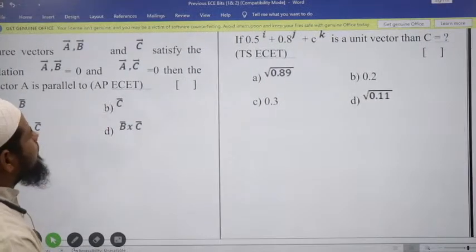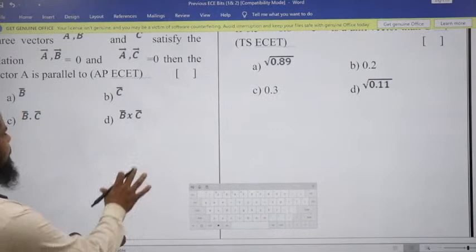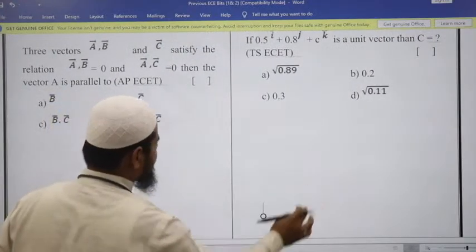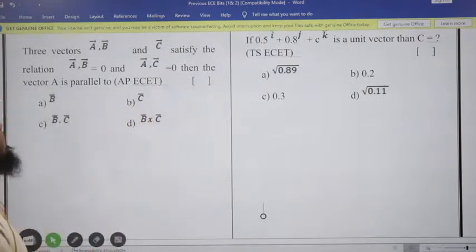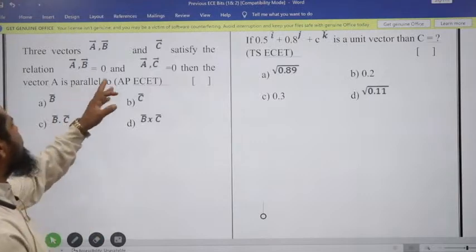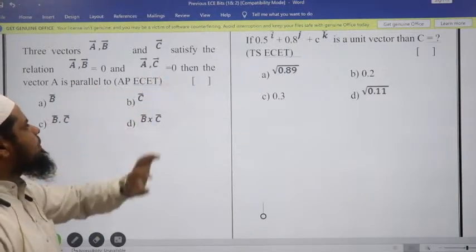3 vectors a, b and c satisfy the relation a dot b is equal to 0, a dot c is equal to 0.